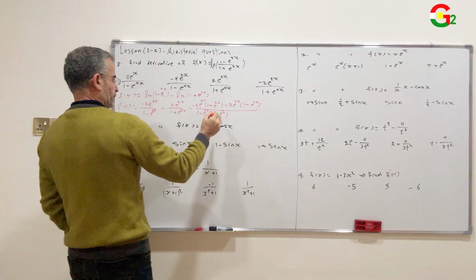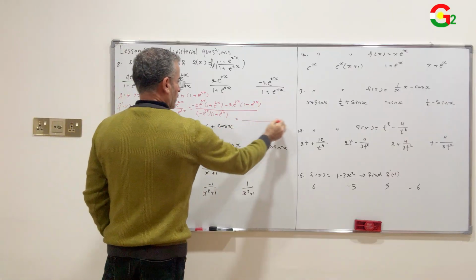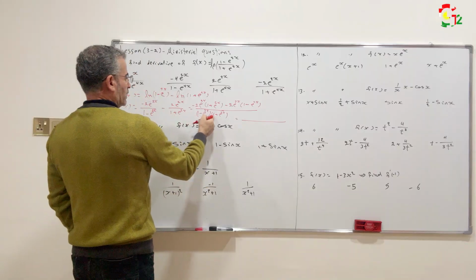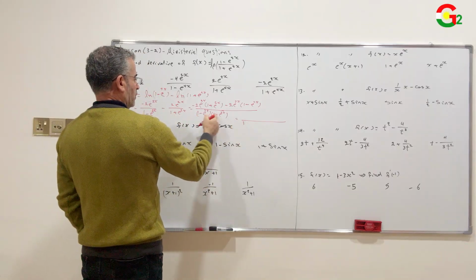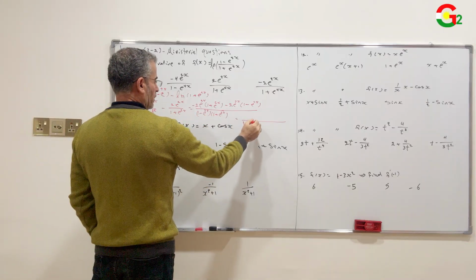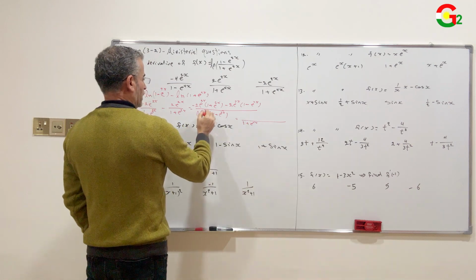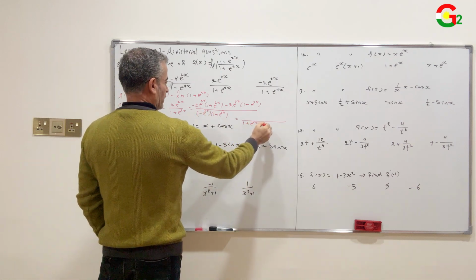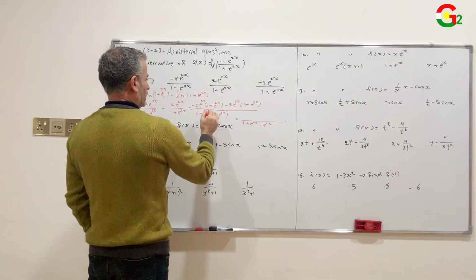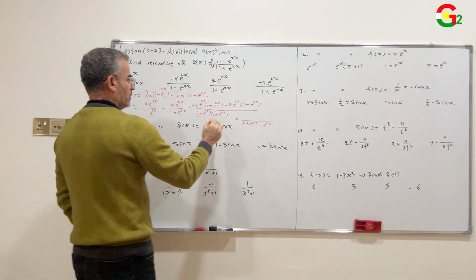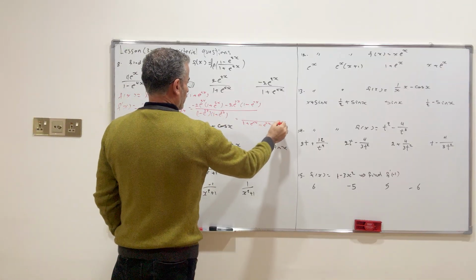Equal to: 1 times 1, 1 times e to the 2x, e to the 2x, negative e to the 2x times 1, negative e to the 2x, negative e to the 2x times e to the 2x, negative e to the 4x.